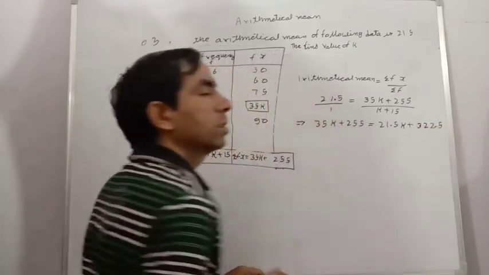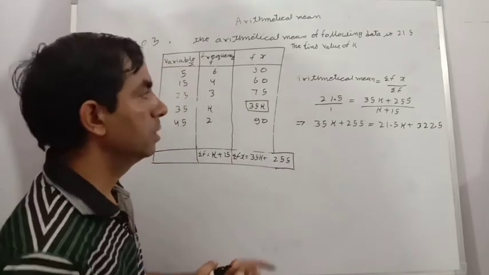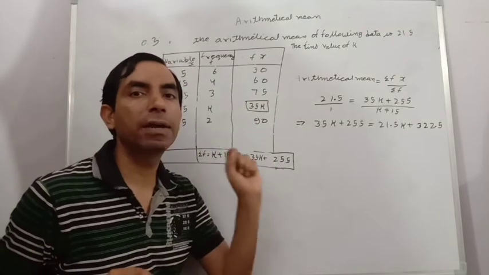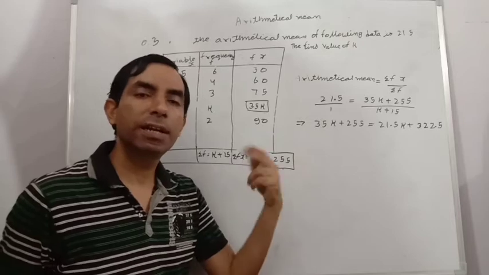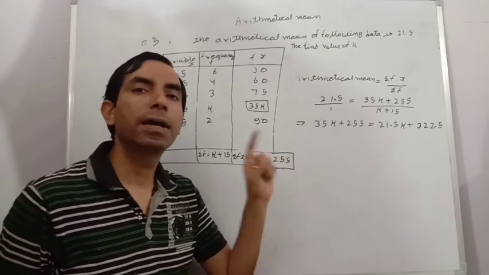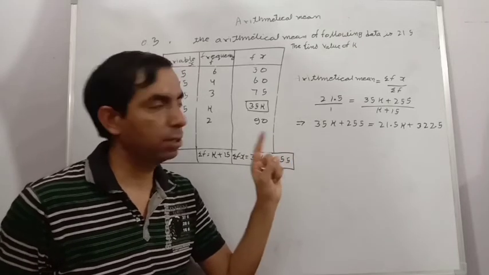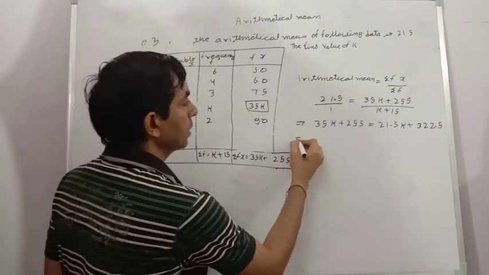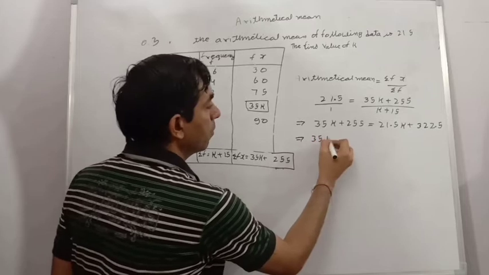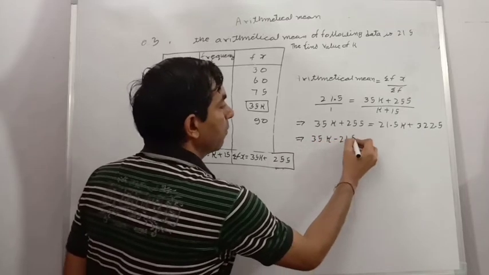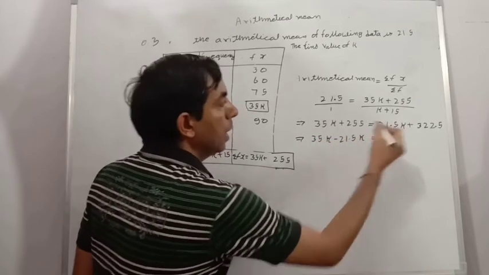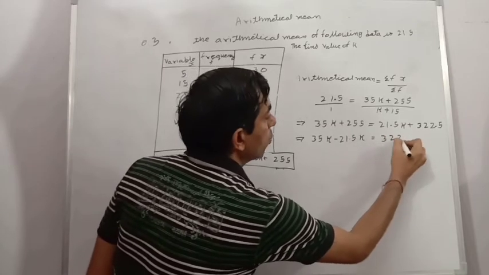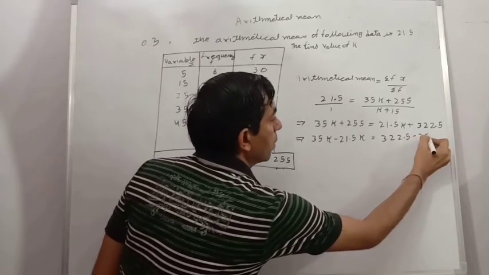Means we have 322.5. Generally in multiplication and division, we multiply the numbers and write the decimal only in the answer. So we take the alphabet terms on one side and all other things on the second side. So 35k minus 21.5k and 322.5 minus 255.